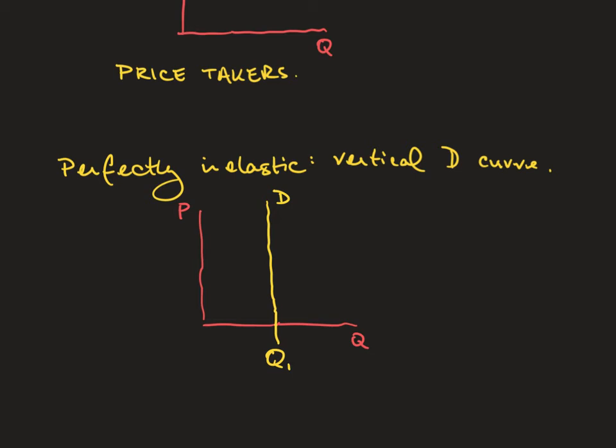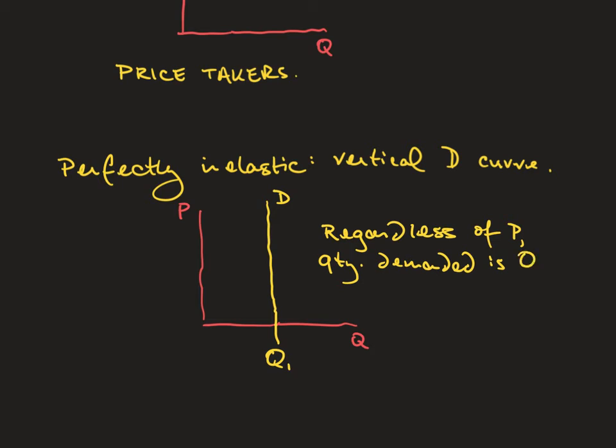So regardless of price, quantity demanded is the same Q1.